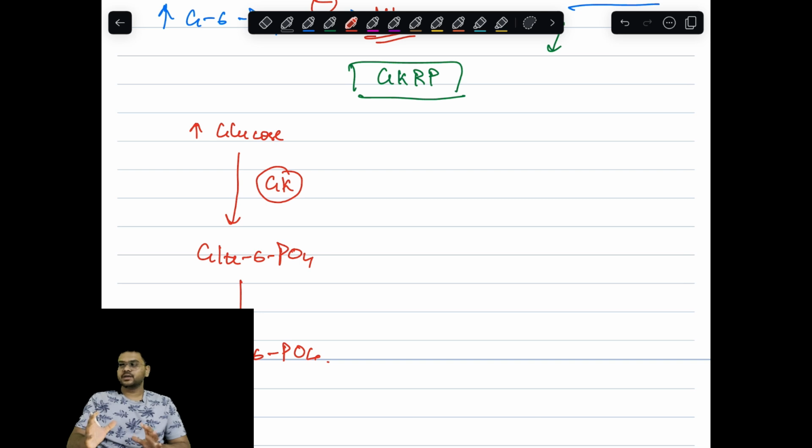When the glucose levels are low, this glucokinase is associated with the glucokinase regulatory protein, and it is present inside the nucleus of the cell.